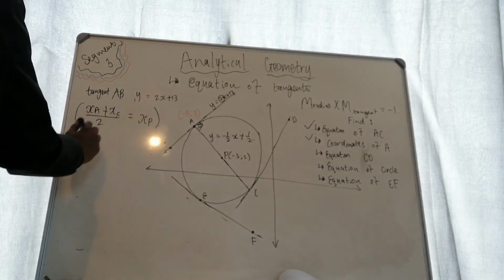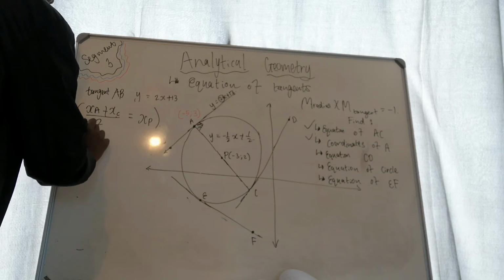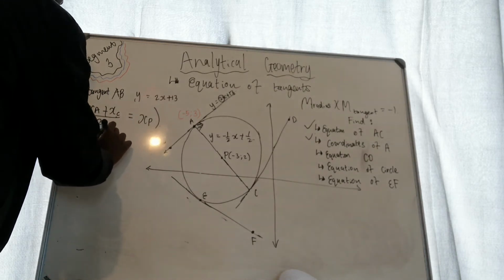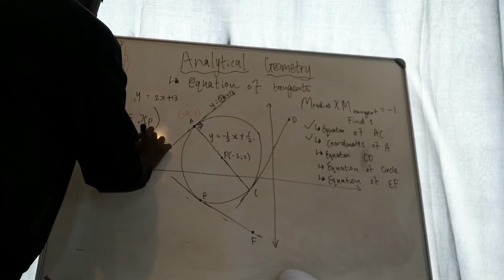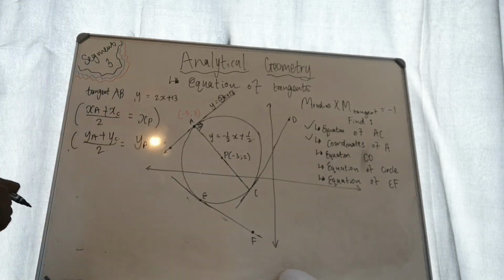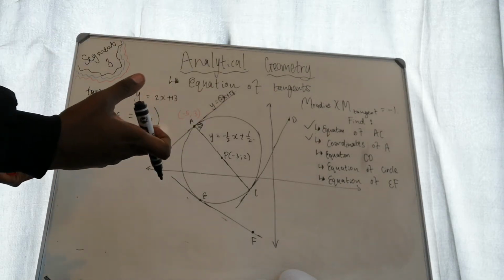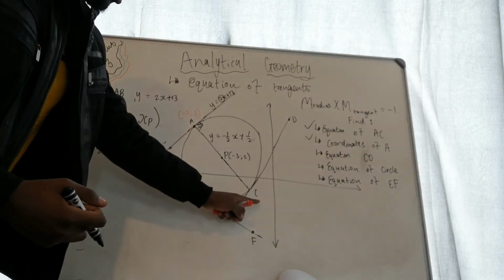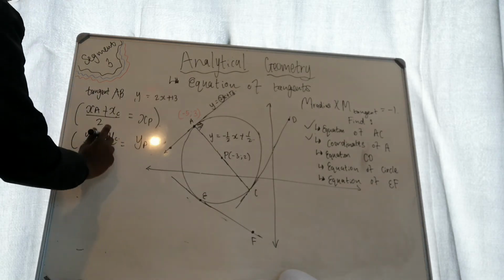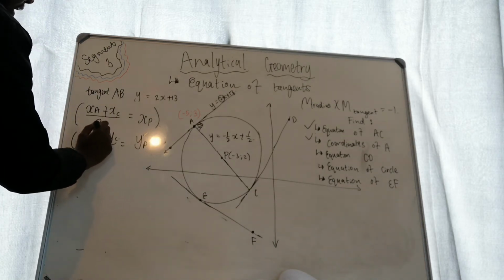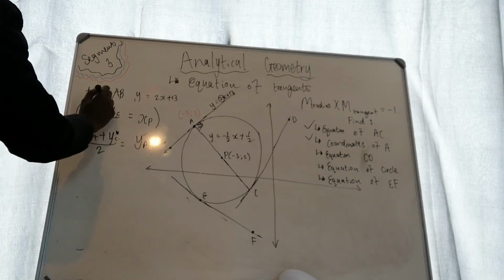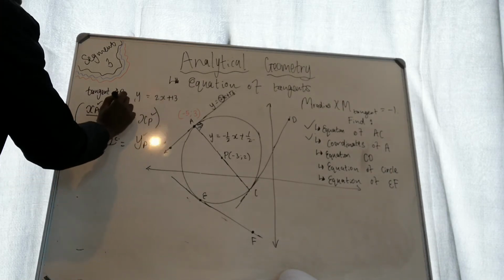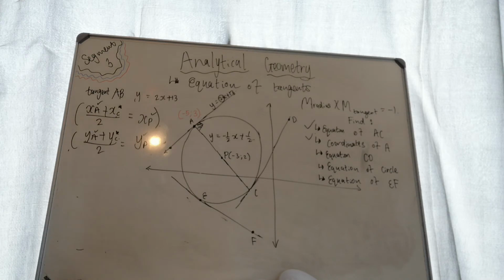And similarly, if I have the y of the A plus the y of the C divided by 2, I'm gonna get the y of the P, of the midpoint there. You understand? So that's what I'm gonna use to actually solve for the coordinates of C. I have the coordinates of A, I have the midpoint, the only thing I'm trying to find is C.